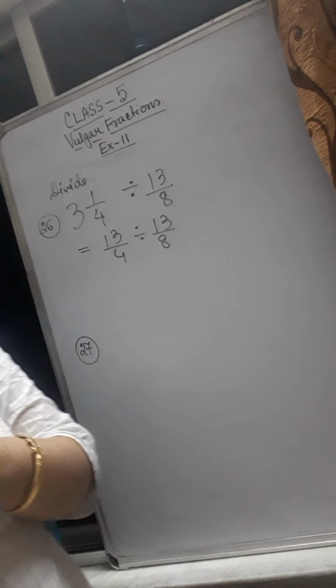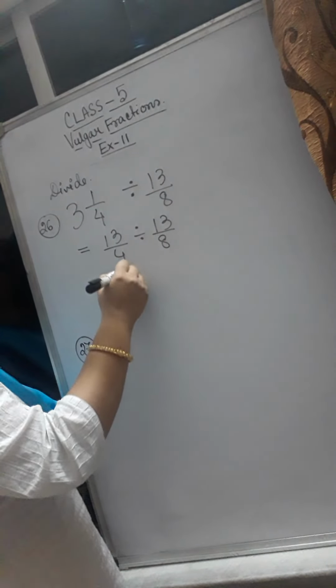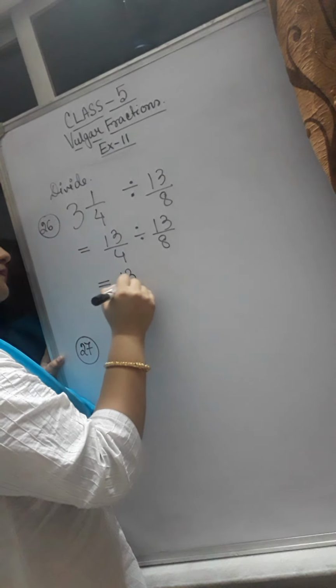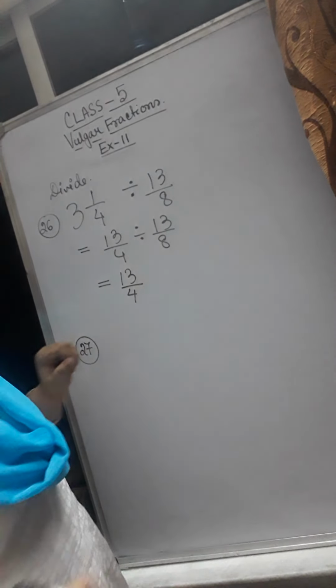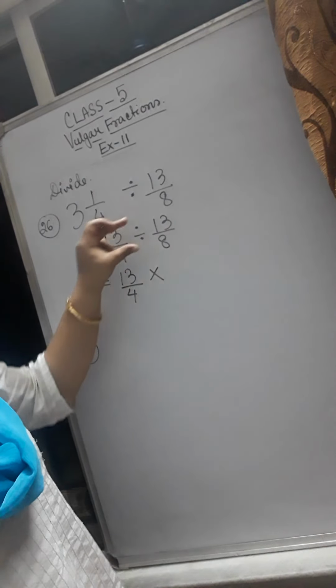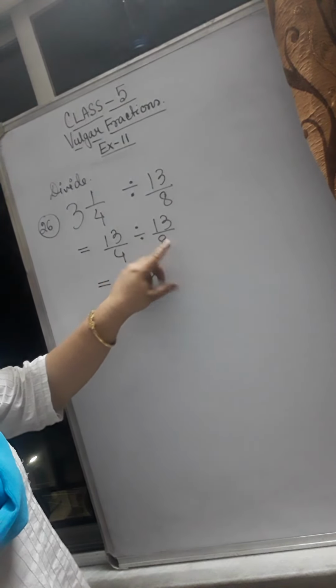Now in division there is one step that will be extra compared to multiplication. In fractional division, the first fraction remains the same, the division sign changes into a multiplication sign, and the fraction which is given after the division sign changes into its reciprocal.